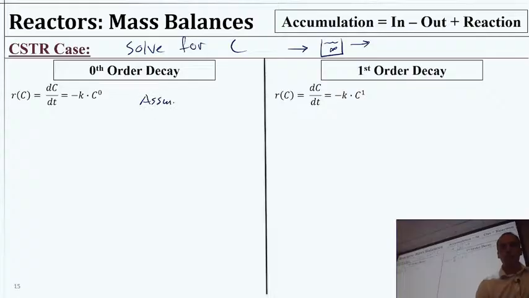Might be interesting to solve without steady state as well. No, steady state means the accumulation goes to zero, because we can still have a difference in what's coming in versus going out if there's some reaction happening.